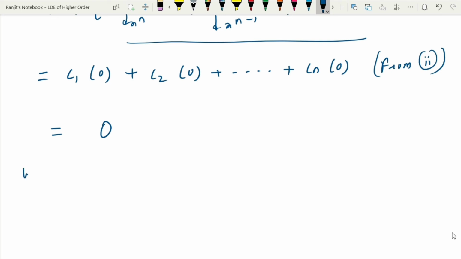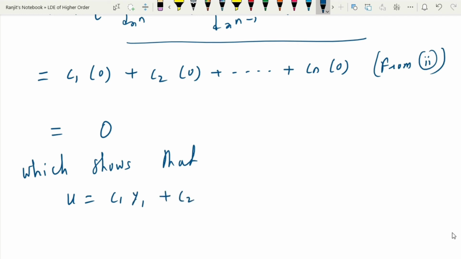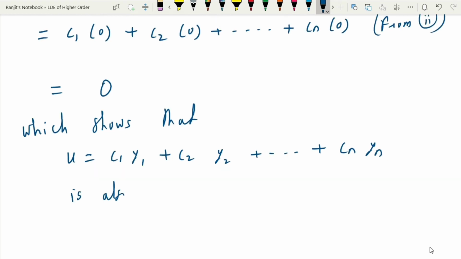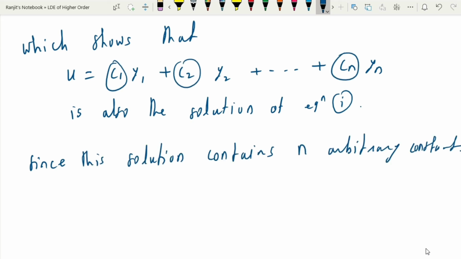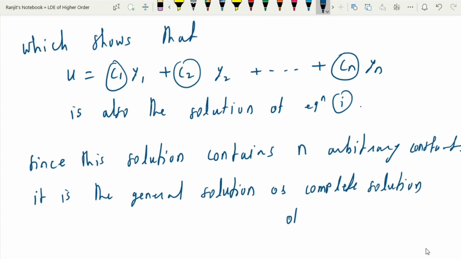Which shows that this u equal to c1y1 + c2y2 + ... + cnyn is also a solution of homogeneous equation 1. Since this solution contains n arbitrary constants, it is the general solution or complete solution of homogeneous equation 1.